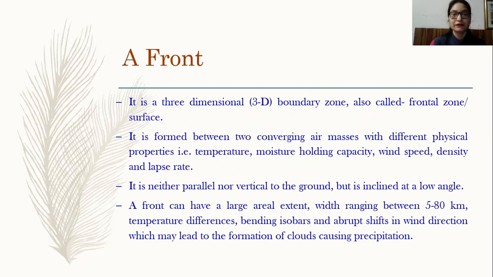So basically, a front is a three-dimensional, that is a 3D, boundary zone. It is also like a surface, a gently sloping surface, or it may even have a steep slope, depending upon the conditions, what type of front it is, and which air mass that front belongs to.